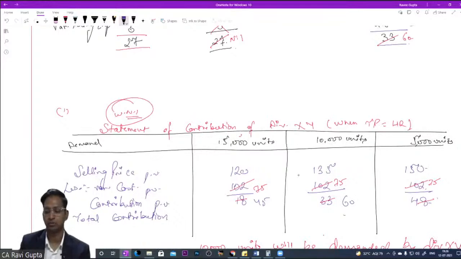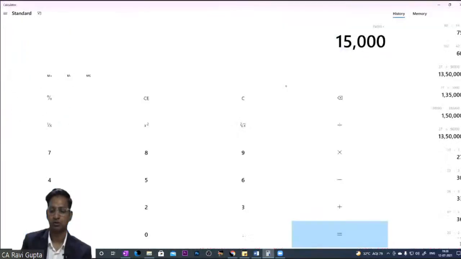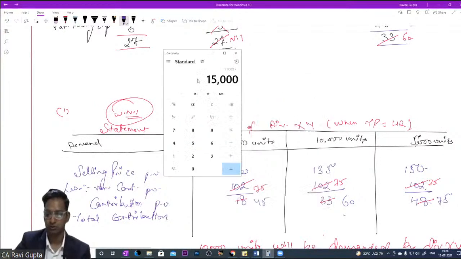And this is going to be 75 rupees. Now let's multiply 15,000 into 75 rupee, 45 rupees.